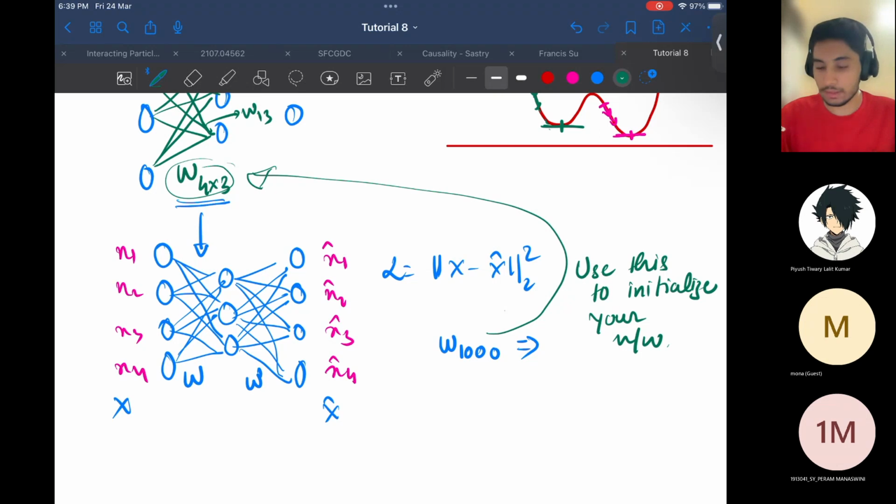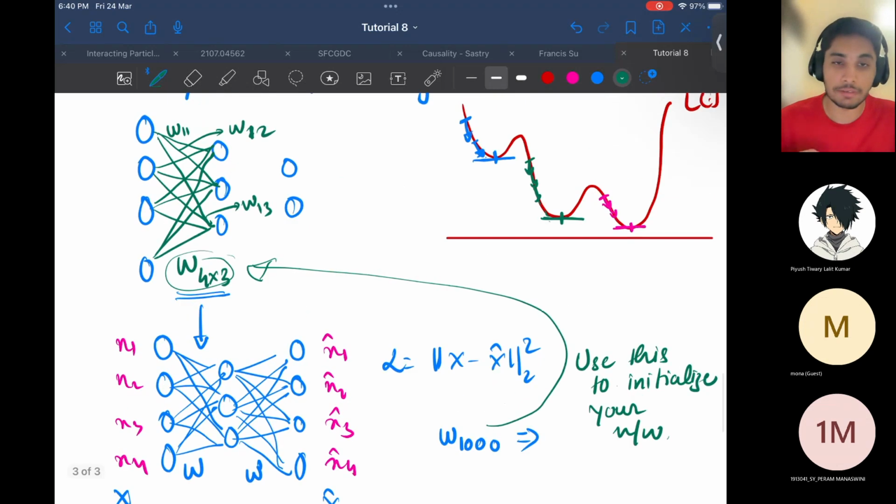Whatever layer you are given, whatever weights you want to initialize, take that part of the network and flip it so that it has an architecture similar to that of an autoencoder. Now train this autoencoder, and whatever weights you obtain after training it, use them to initialize your original classifier network or whatever it was. This is the idea.